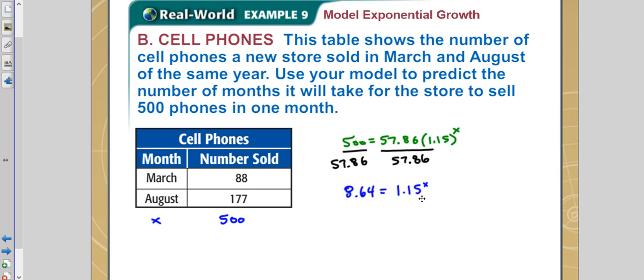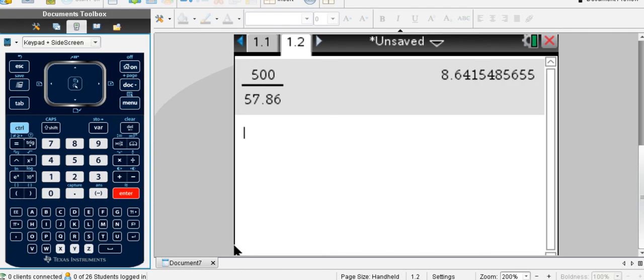And now this is an exponential. To solve it, we just change it to a logarithm. Log of my base 1.15 to the number of 8.64 should give me x. And so I type that in the calculator. We go back over. So it's log of the base 1.15 to the power of this number here, 8.64.